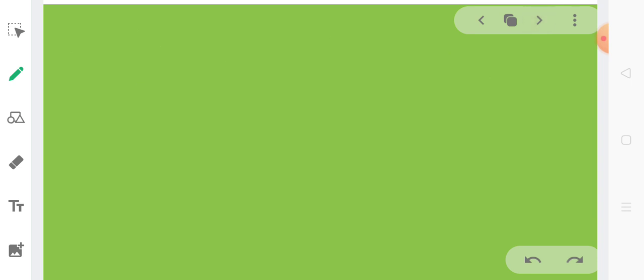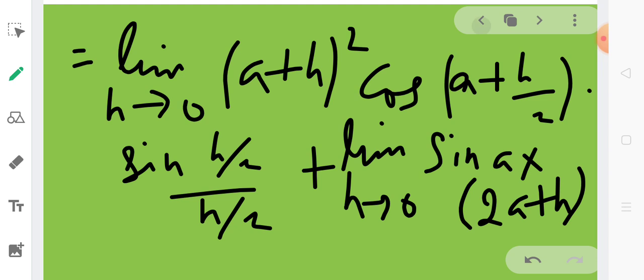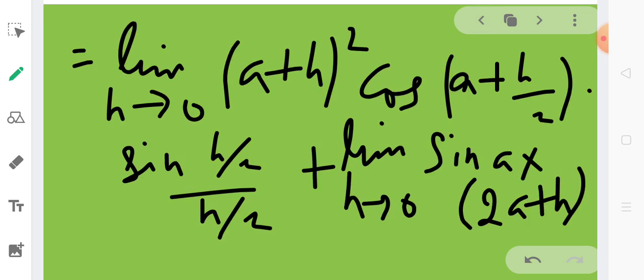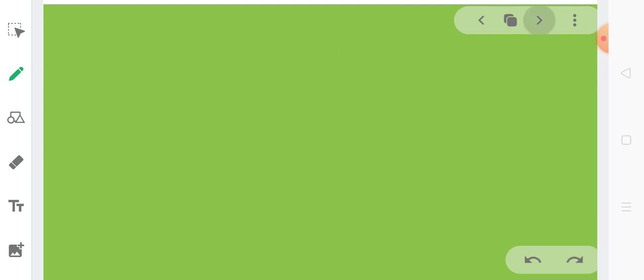Now we have to substitute the limit. You have to remember that limit theta tending to 0, sine theta by theta is equal to 1. So obviously this particular term will become equal to 1, and then you can put h equal to 0.